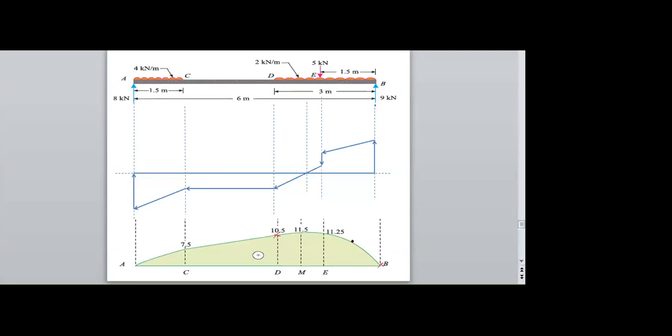So in between D and B, the UDL exists. Therefore, I need to join all this by free hand. Next, in between A and C also UDL exists. So this is also free hand. So remaining C and D need to be joined by a straight line using a scale.